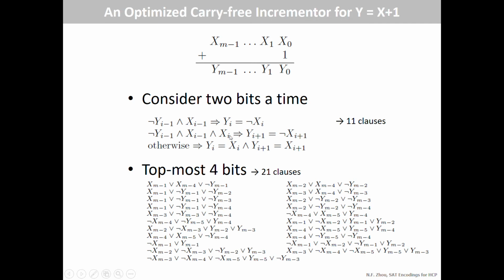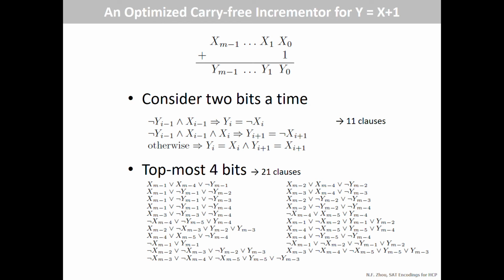If there is a carry from bit i, then these two are complementary. Otherwise, they are the same. This can be encoded using 11 clauses, which results in a saving of 1 clause for each 2 bits.